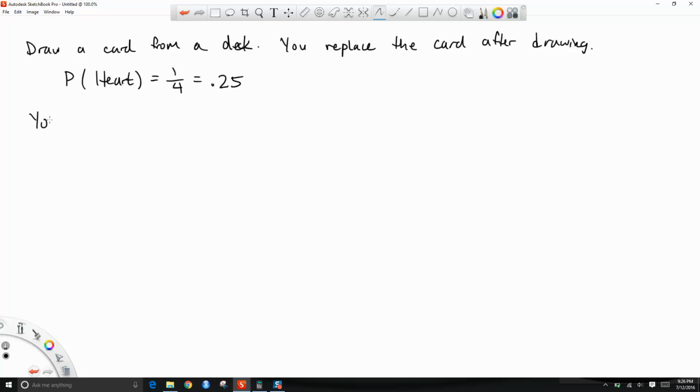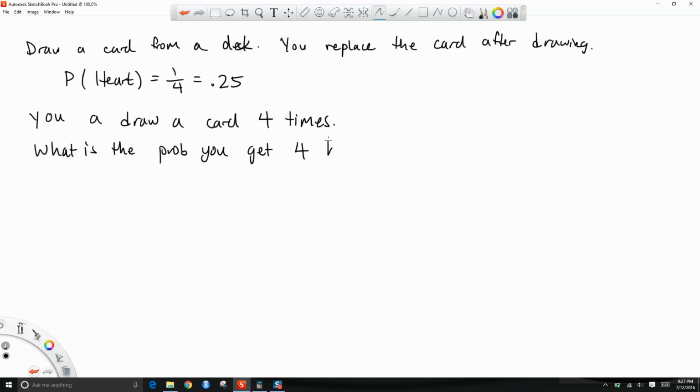Okay, so you draw a card four times. What is the probability you get 4 hearts? What is the probability you get 0 hearts?